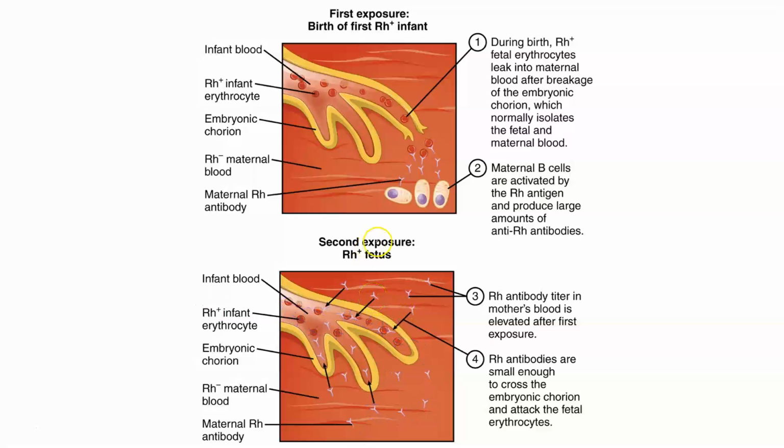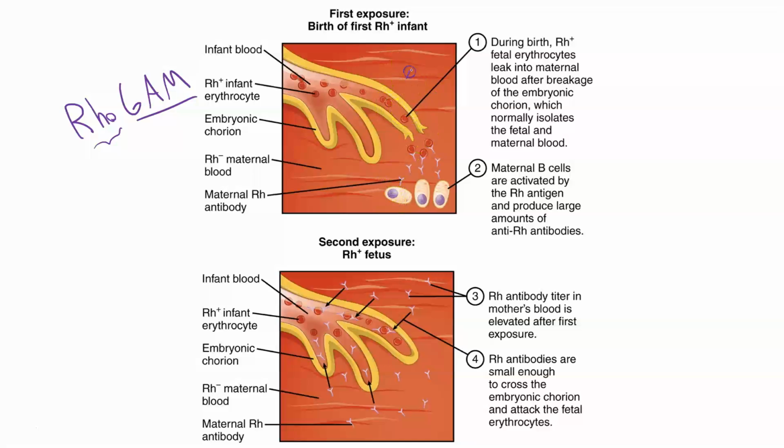All right, and one of the workarounds, which is a pretty clever workaround, is to administer this drug called RhoGAM. RhoGAM is a synthetic anti-Rh antibody, and it would be given to mom right before the first delivery.